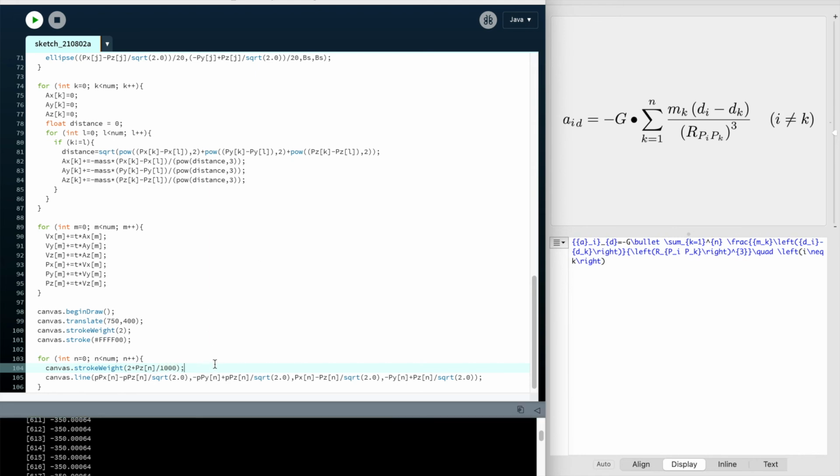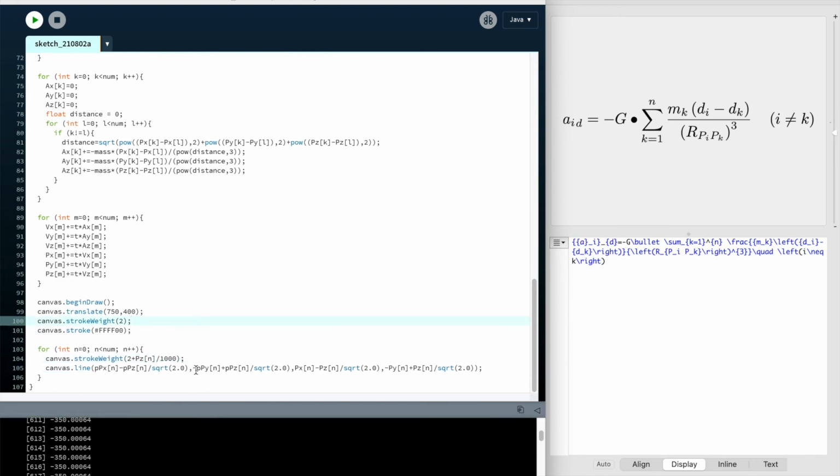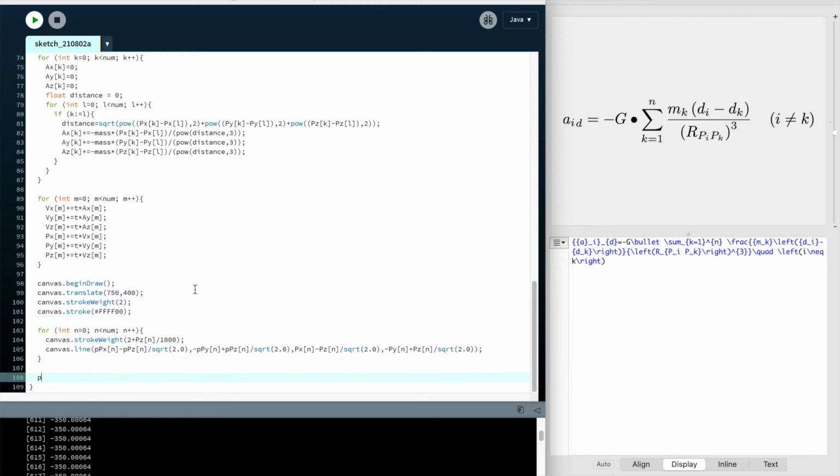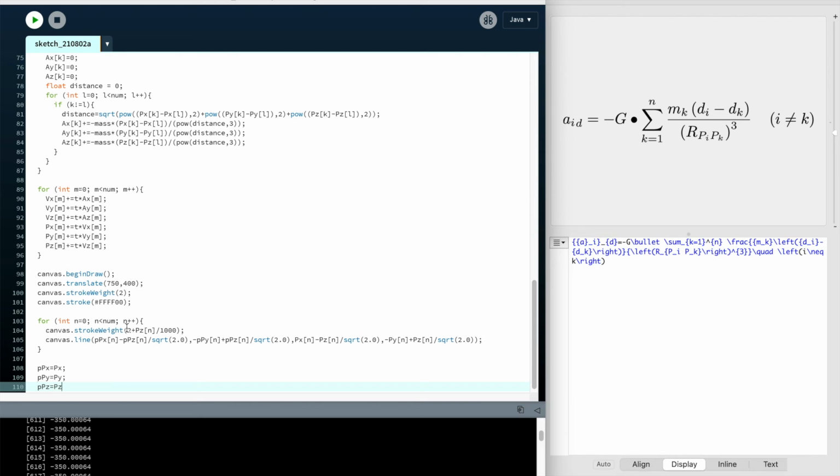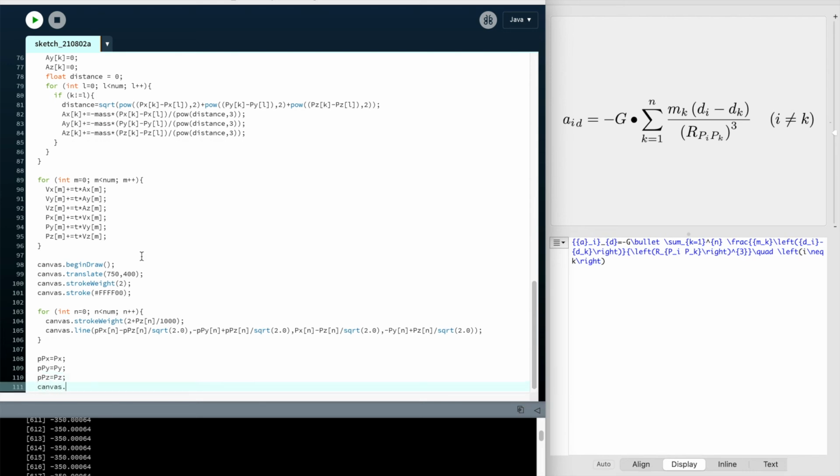Let's do this for now and see what happens. And like before, we say previous px, the list of previous x coordinates, is equal to px. It's important that this is after this, and then previous py is py, previous pz is pz, and finally we end our draw.